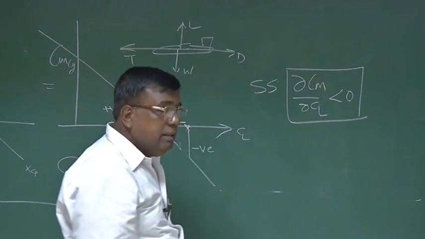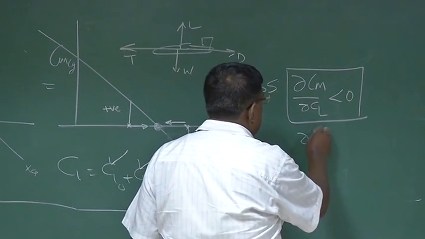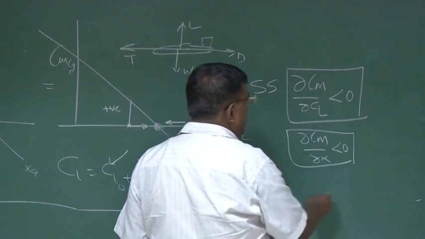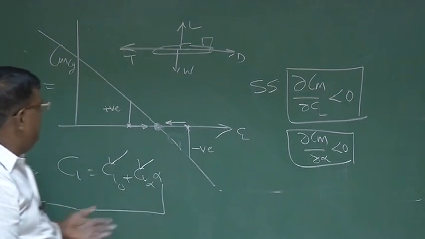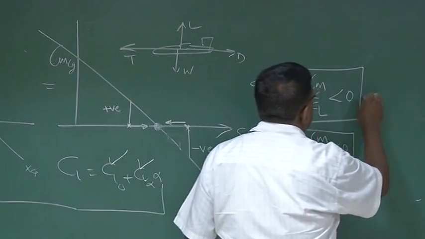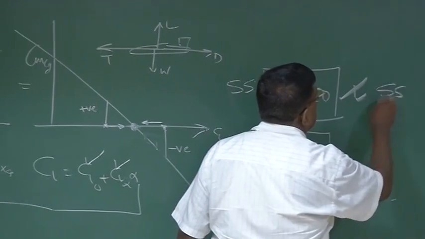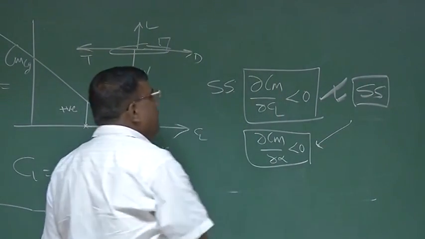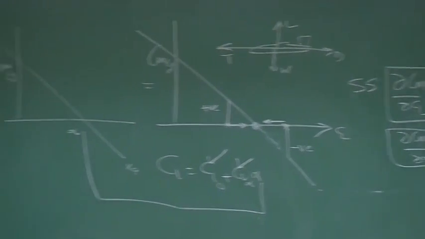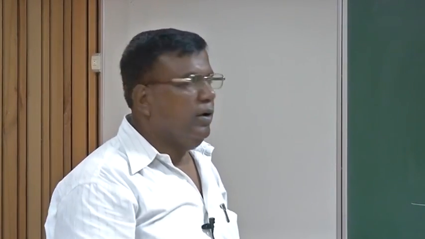It is nothing great, because we know that dCm by d alpha should be less than 0. We have spent a lot of time on that, and alpha and Cl are related by this, so its slope has to be less than 0. But we will now be using this definition for static stability instead of dCm by d alpha. You can use both, but designers sometimes use dCm by dCl less than 0, sometimes dCm by d alpha less than 0, depending upon the requirement.